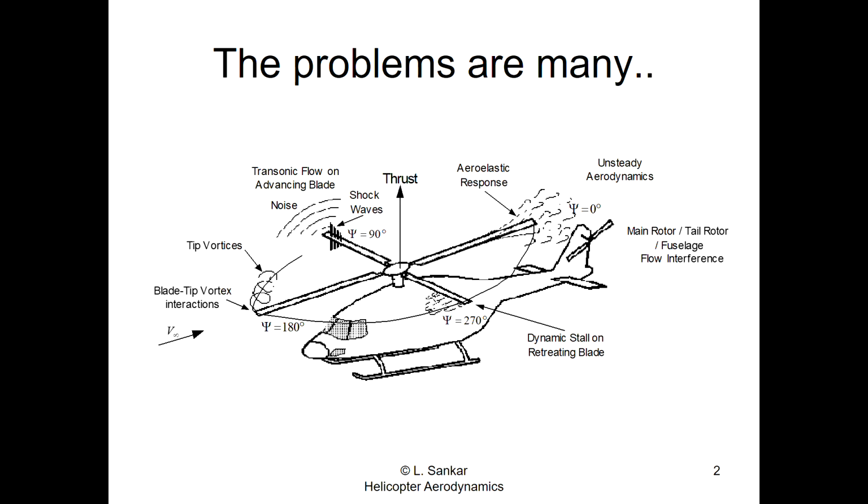In fact, it could be shown that this hub region has the same amount of drag as the rest of the fuselage, the rest of the horizontal tail, the rest of the vertical tail, in some cases including the landing gear. So all these exposed regions produce a lot of drag that we have to worry about.